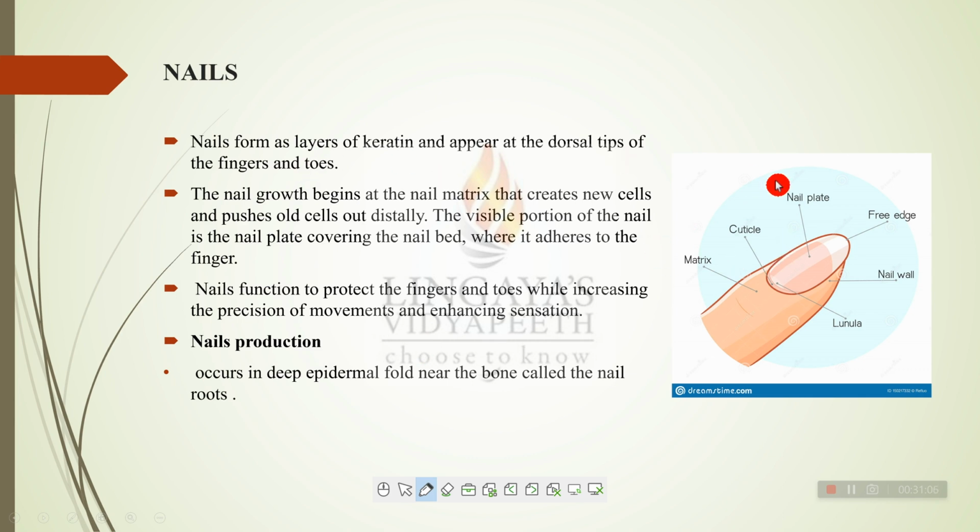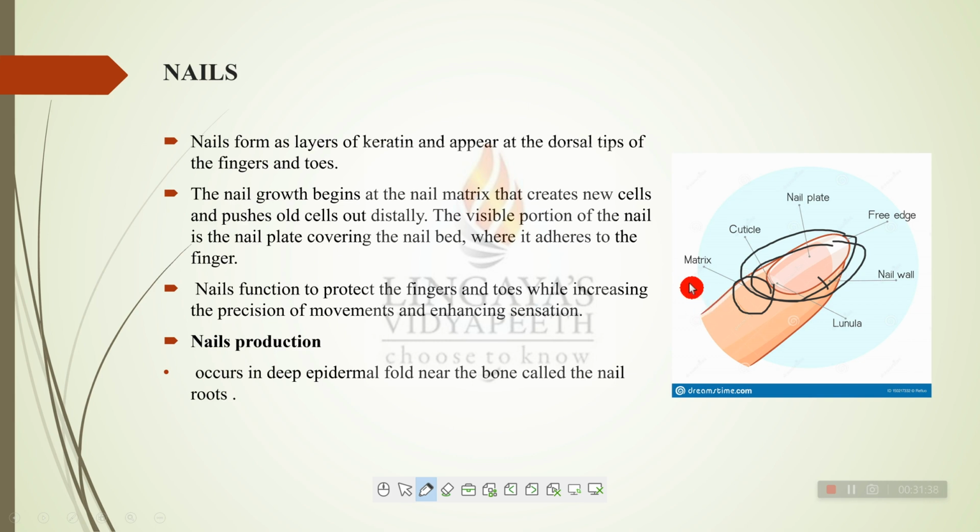Next are the nails. Nails are formed as a layer of keratin and appear at the dorsal tip of the fingers and toes. The growth of the nails begins at the nail matrix, which creates new cells and pushes out old cells. The visible portion of the nails is the nail plate, covering the nail bed where it attaches to the finger.